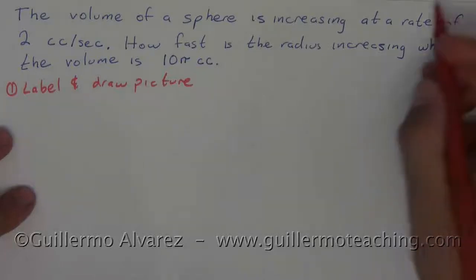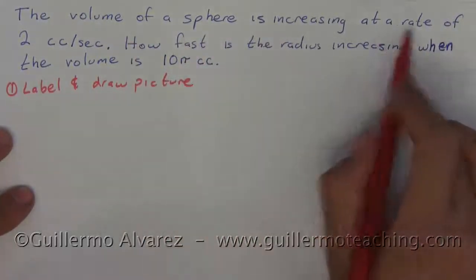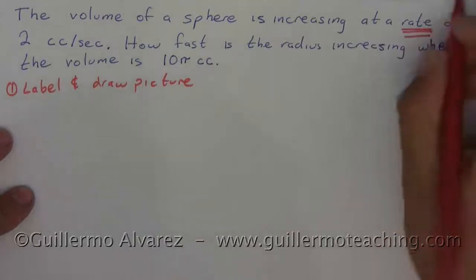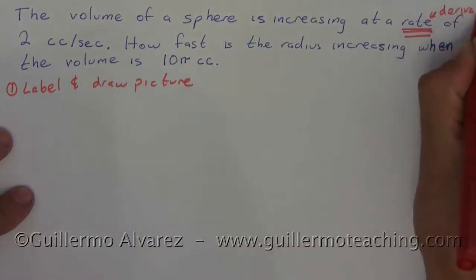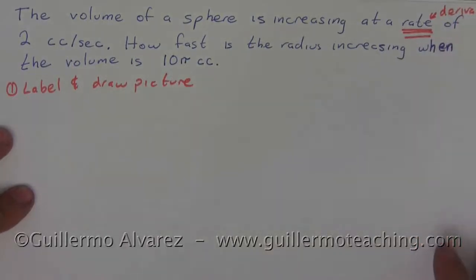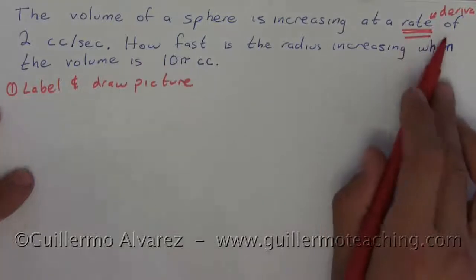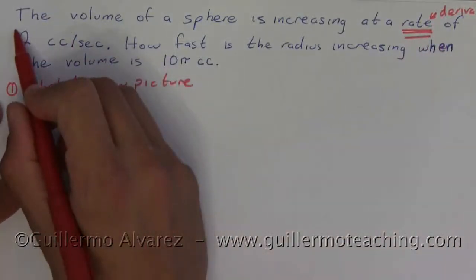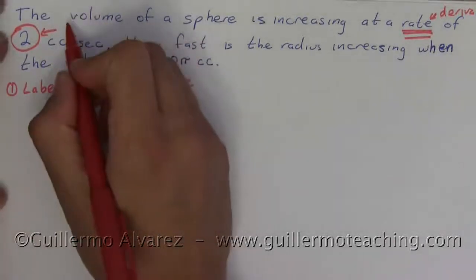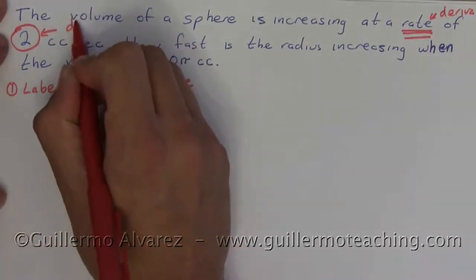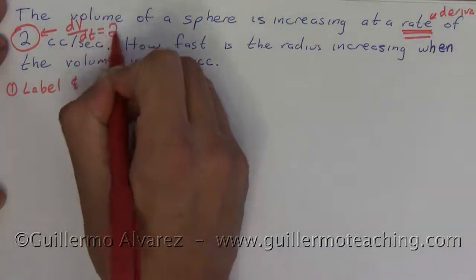Now the first thing is that here it says that the volume of the sphere is increasing at a rate. This is a key word. Rates are derivatives. And so the fact that the volume is increasing at a rate of 2 cubic centimeters per second, this tells me that the derivative of the volume with respect to time is going to equal 2.